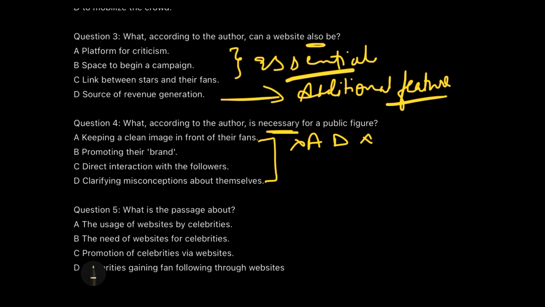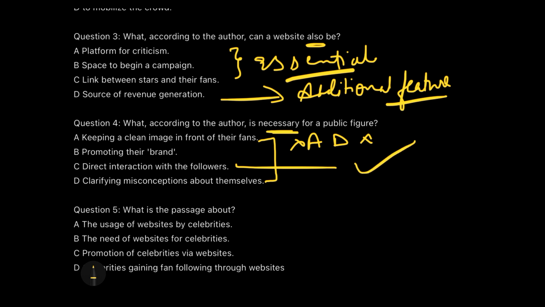So what is necessary for a public figure? Why is coming to the website a necessary part? He can do branding, or he may not. Try to understand the scenario. He can either endorse a few brands or he cannot. That is a sure-shot thing of his choice. But coming up on a website and connecting with your fans is a necessary thing.